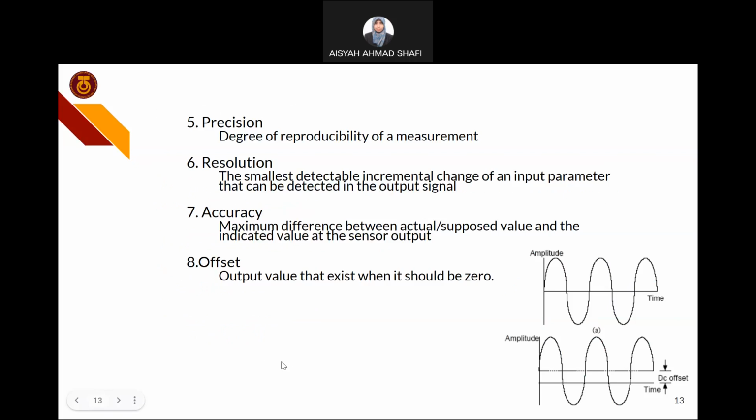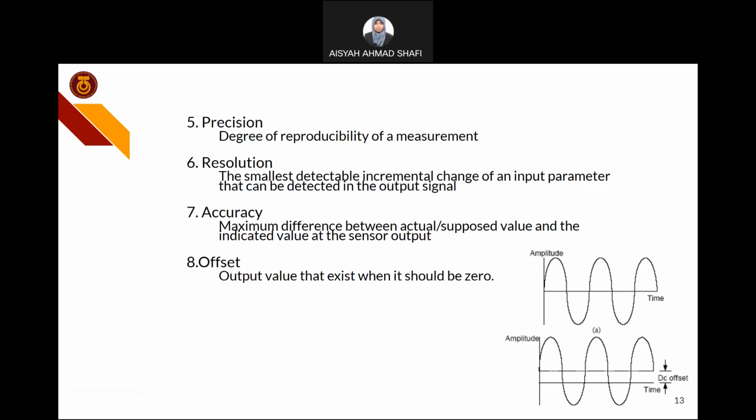And precision is the degree of reproducibility of the measurement, how similar the measurement is at different times. The measurements should have similar values, so it is high precision. And resolution is the smallest detectable incremental change of an input parameter that can be detected in the output signal.